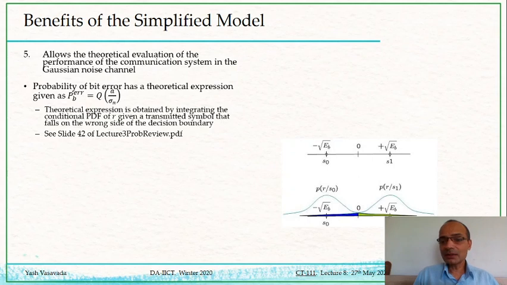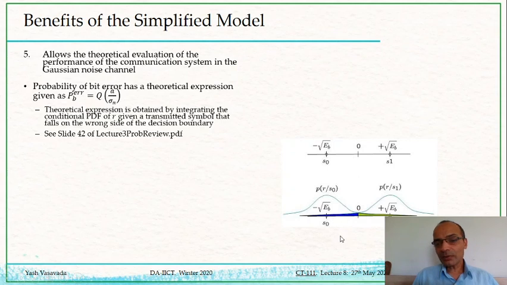Similarly, the area in the green is the probability of making an error when bit 0 is transmitted. So with a probability equal to the green colored region's area, the receiver will make an error and say that bit 1 is transmitted where actually bit 0 was transmitted.